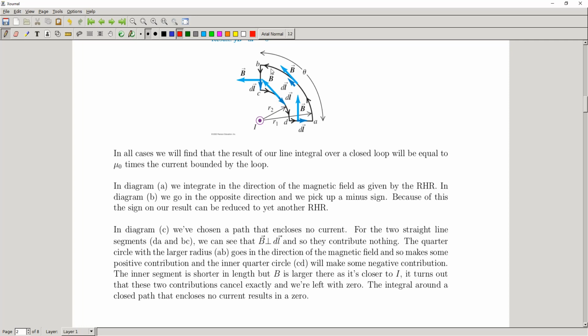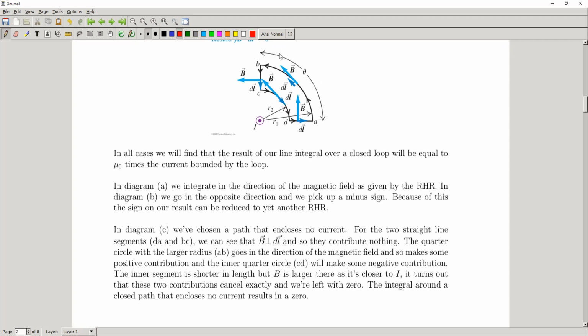So let's start off by looking at the straight line segments DA and BC. In those regions, we know that our magnetic field lines everywhere are circles around our conductor, and they're directed in this direction because our magnetic field follows the right-hand rule.